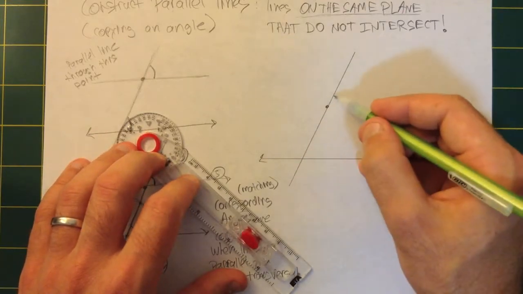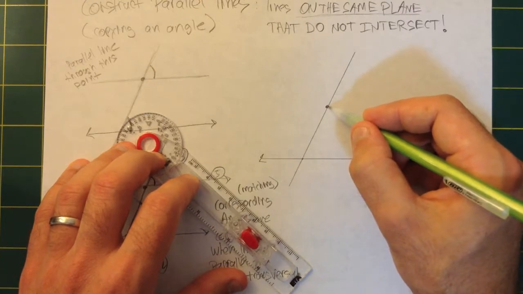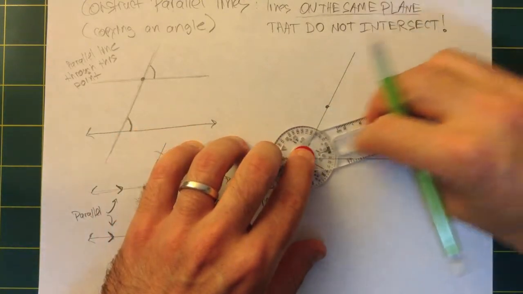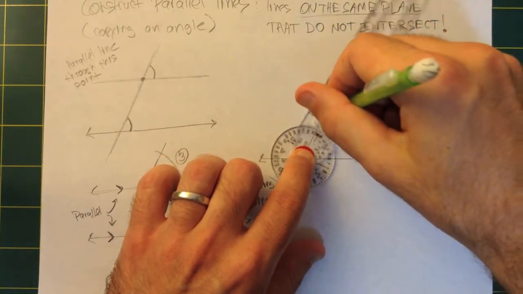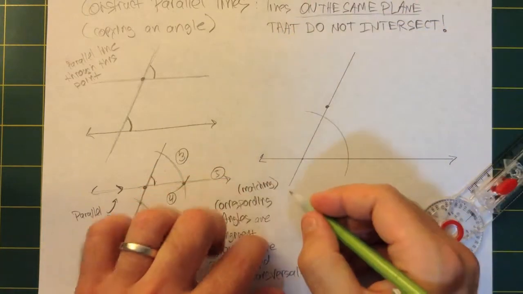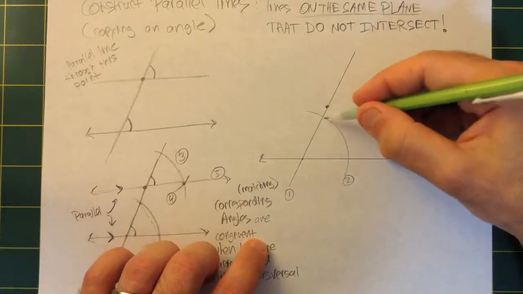There's an angle here now. I want to copy that angle and put it over here so that this vertex is sitting at that point. So I go to this vertex and I make any random arc that I like. So this was my step 1, this was my step 2. There's a triangle.